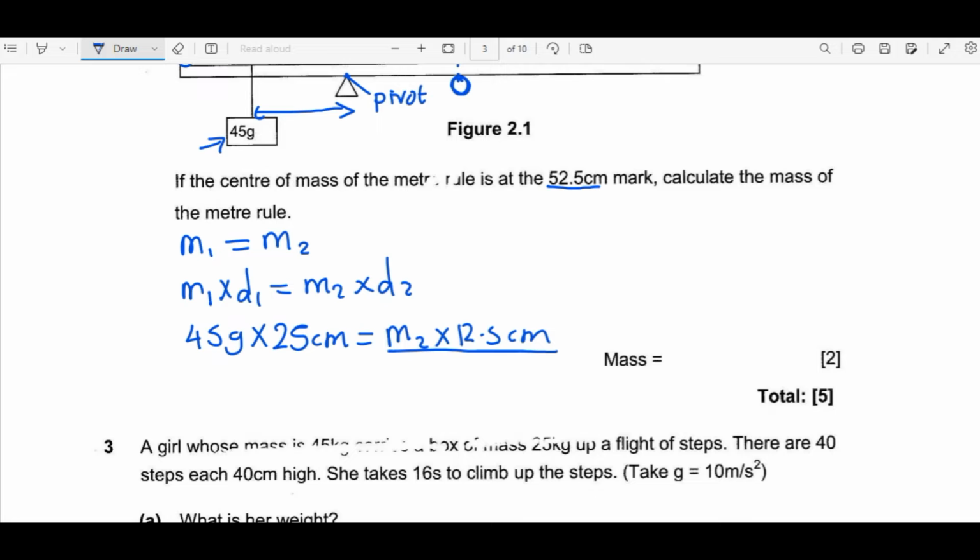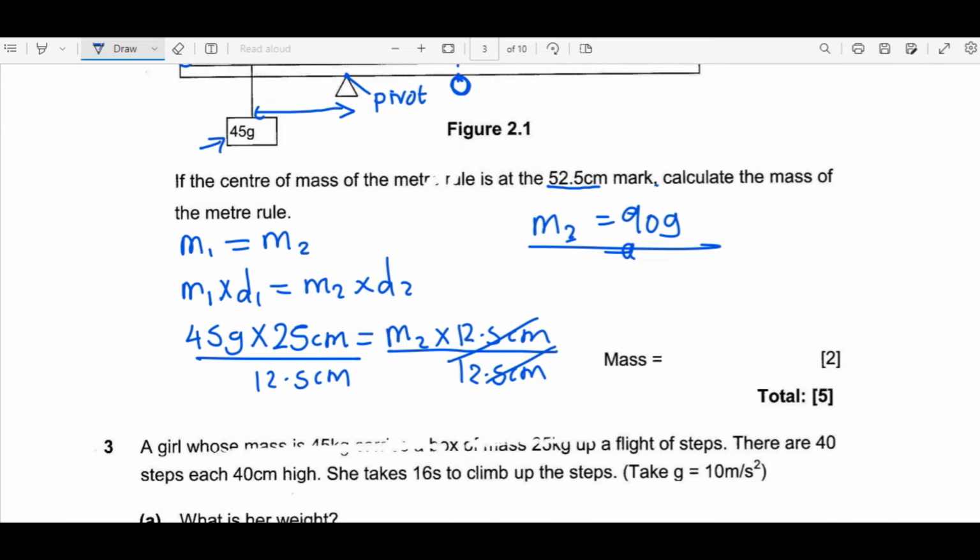So we can divide by 12.5 centimeters here also, so that if we cancel, we have M2 is equal to 45 multiplied by 25, I'm getting 1125, then divided by 12.5, so I'm getting 90 grams. So this 90 grams is the mass of the meter rule.